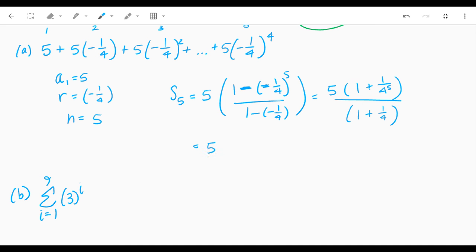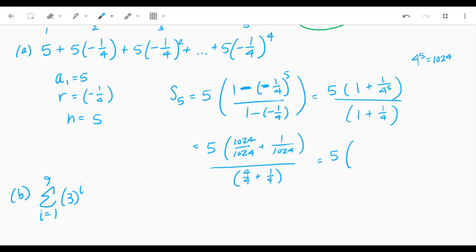Okay, so I'm going to have 5. 4 to the 5th is 1,024. Okay, so I'm going to have 1,024 over 1,024 plus 1 over 1,024 over 4 over 4 plus 1 over 4. So I'm going to have 5 times 1,025 over 1,024 divided by 5 over 4.